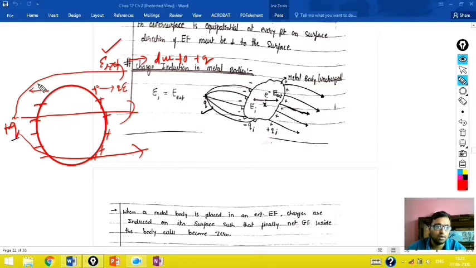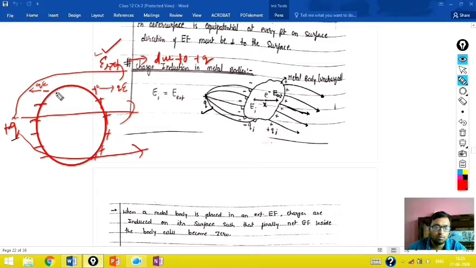Similarly, these electrons will experience some electric force opposite to this external electric field, but they cannot leave the surface of the metal, because for that we require a stronger electric field, or more energy is required to make the charged particles leave the surface of the metal, but however they will appear in this way.